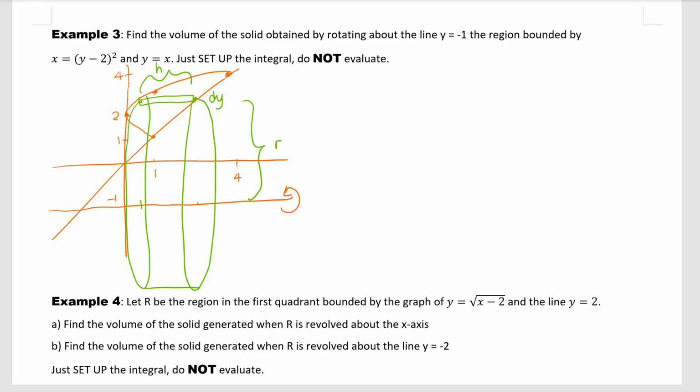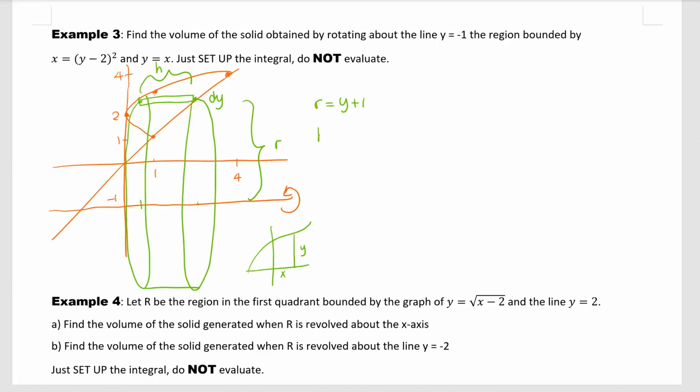So what is r in this case? Remember, for any curve, vertical distance is y, horizontal distance is x. From here to here, that is my y, and from here to here, that's the 1. So my r is actually y plus 1.